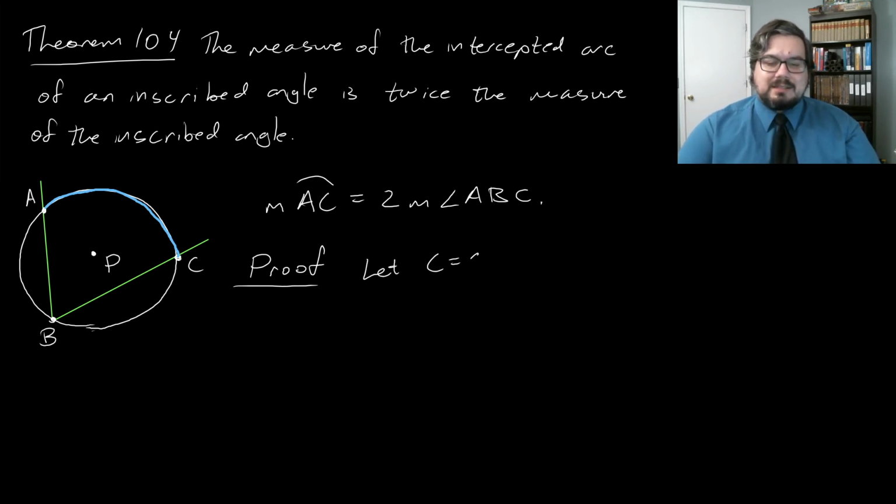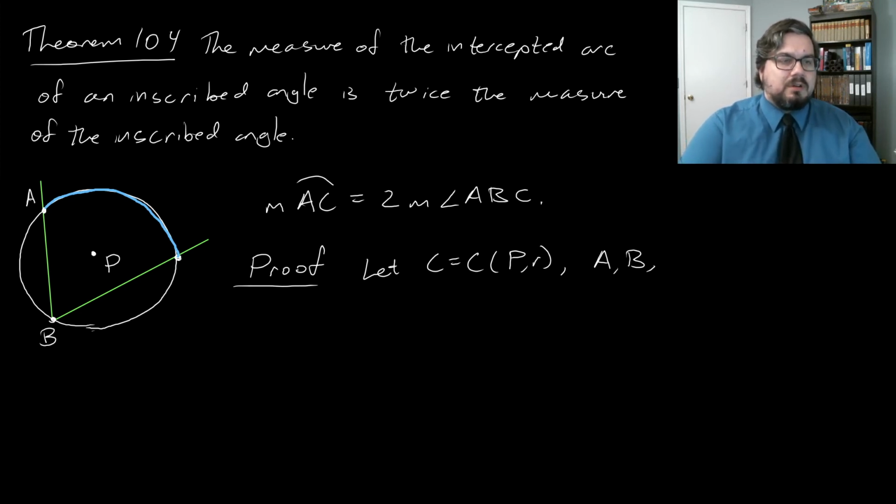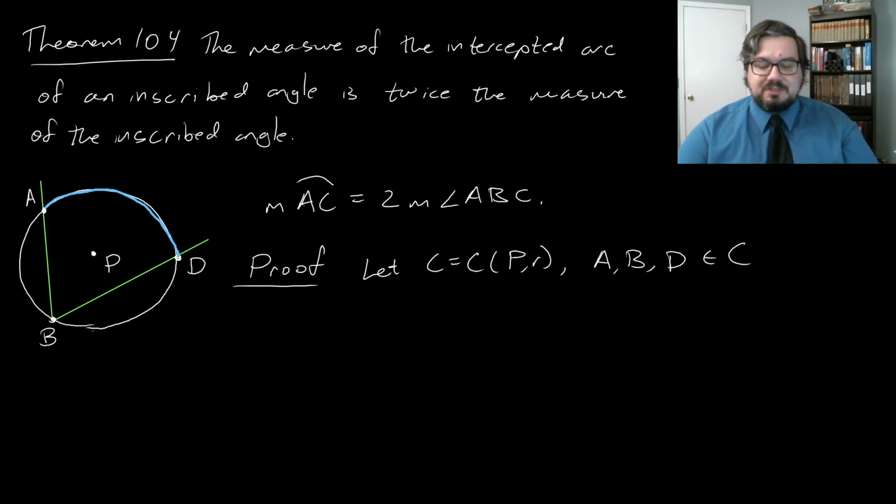Let A, B, and, oh, I shouldn't use C, we're already using C. I'll use D. And let A, B, and D be on the circle C. So we want to prove that the measure of the arc AD is equal to 2 times the measure of the angle ABD.